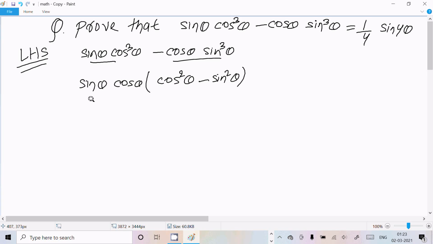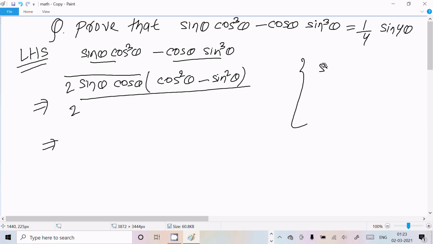Thereafter, I'm going to multiply 2 with numerator and denominator. After that it becomes, here the formula for sin 2 theta is 2 sin theta into cos theta.